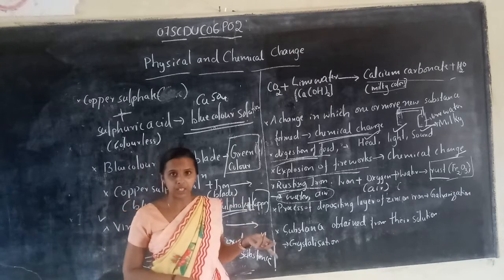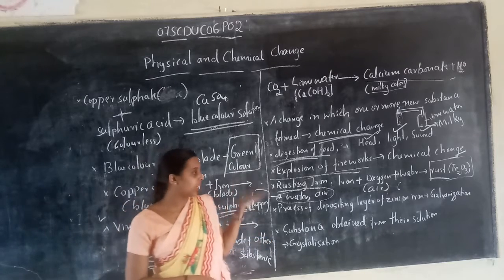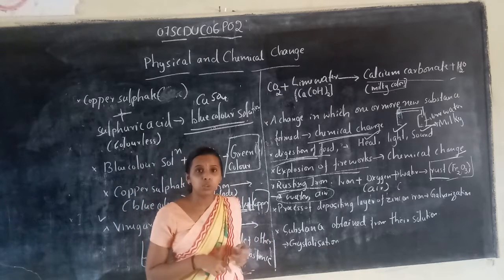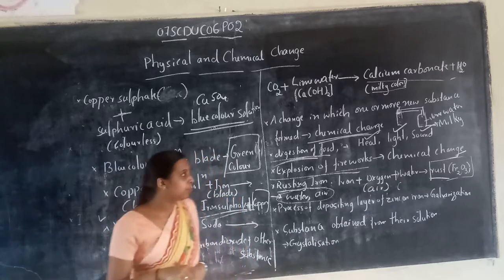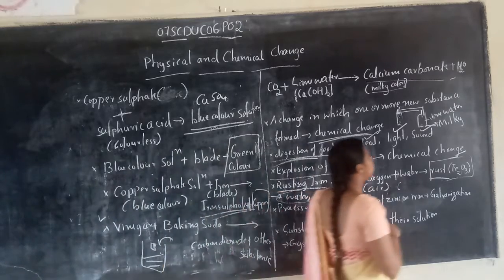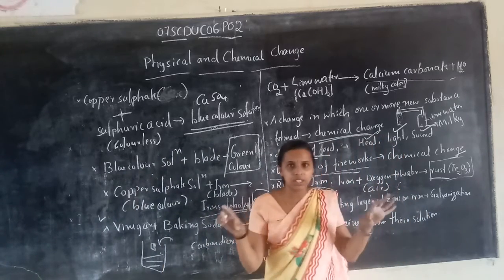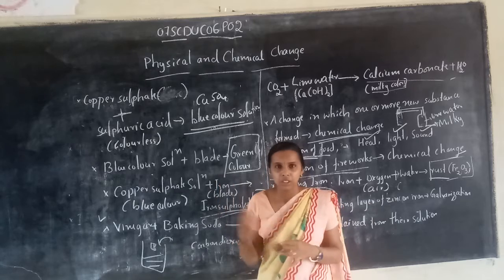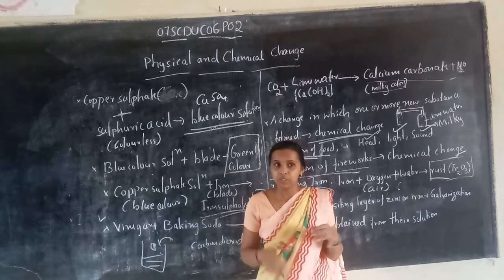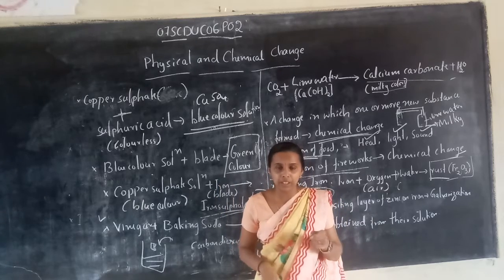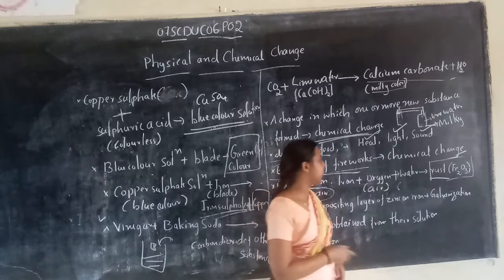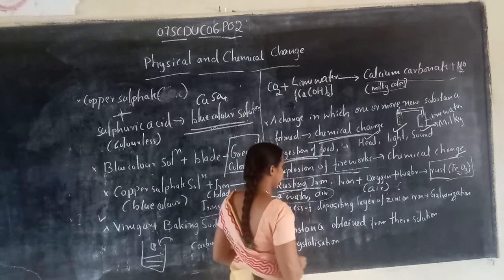These are waste particles. So when iron is rusted, what do we do? We paint it. Have you seen this in your home? Window grills, some iron rods. Your parents or elders paint them.